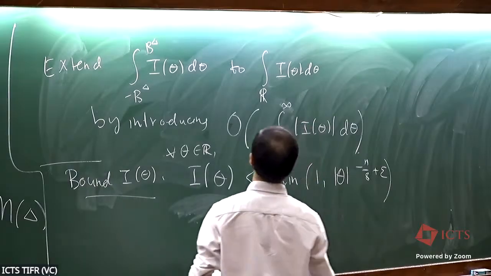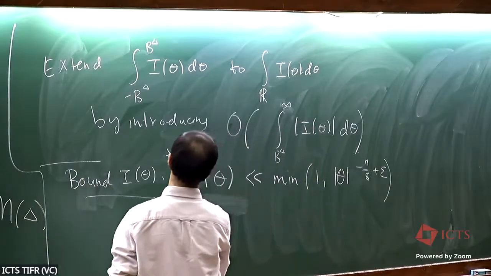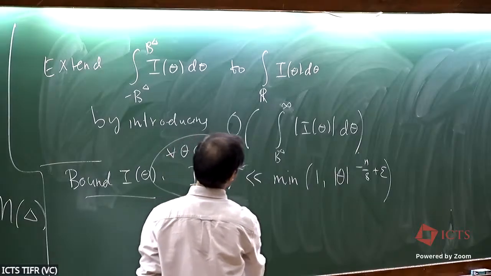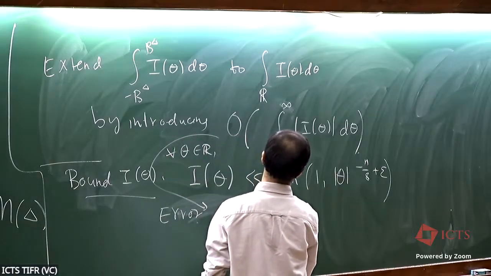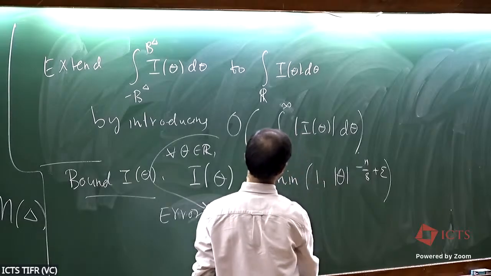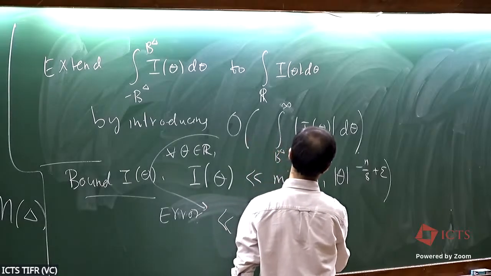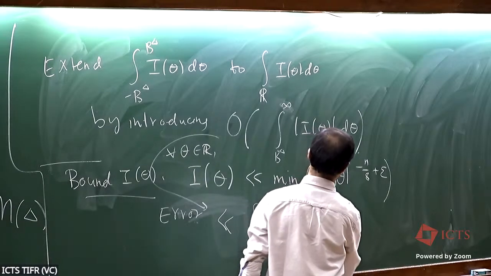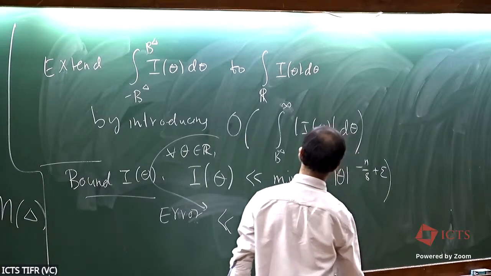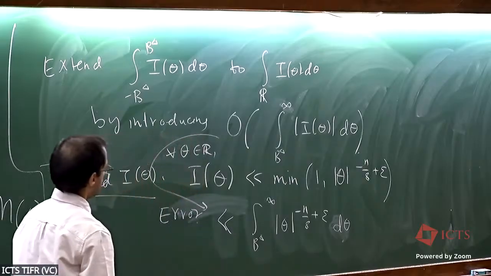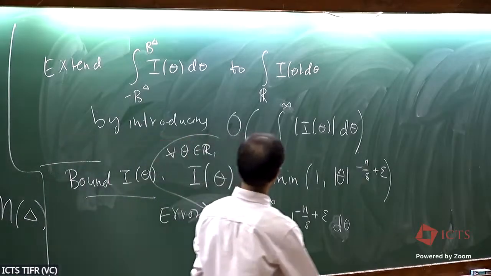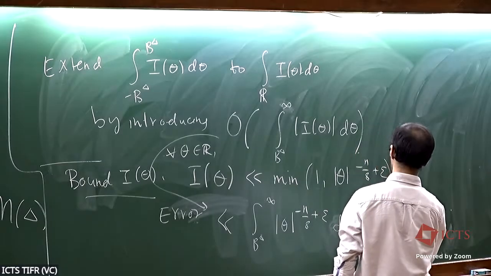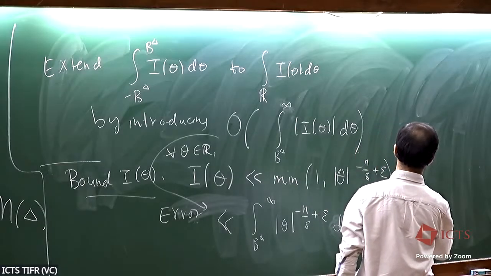And if you would then look at the error right here, this is less than the integral from b to the delta to infinity of absolute theta to the minus n by 8 plus epsilon d theta. And what is this bound? This is less than b to the delta 1 minus n by 8.